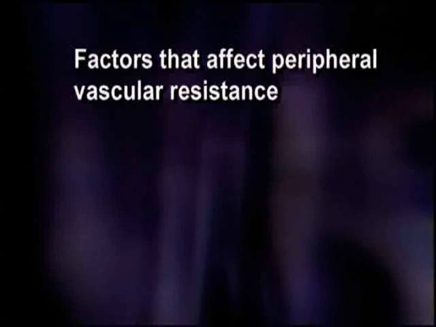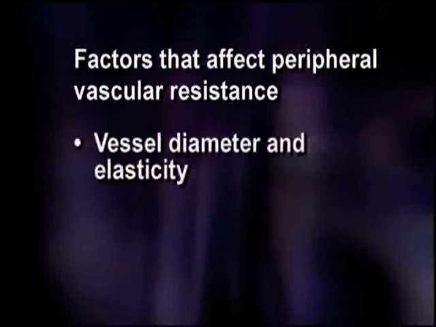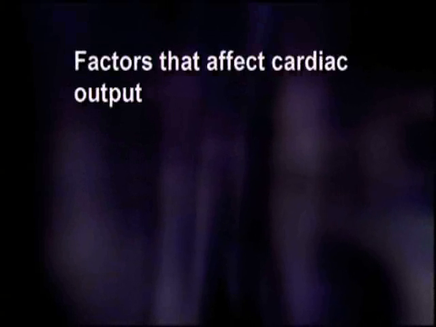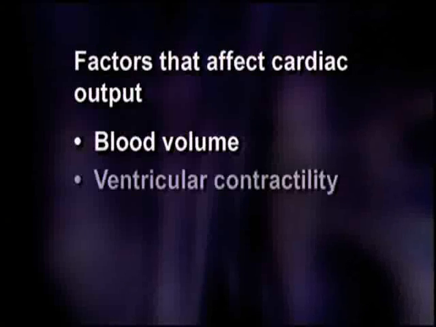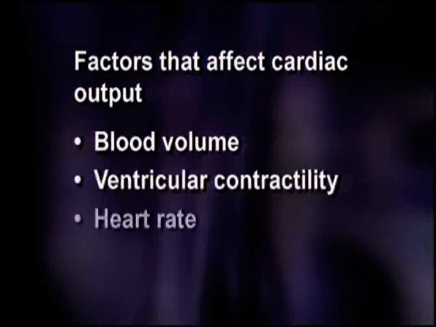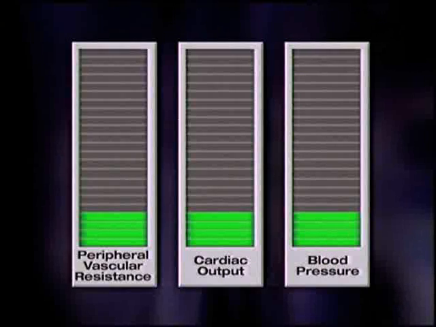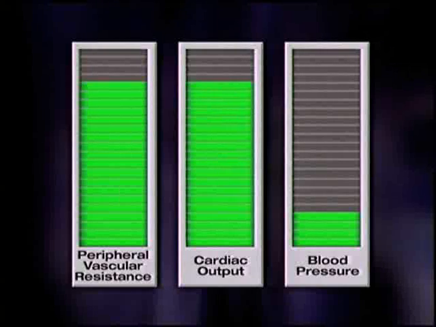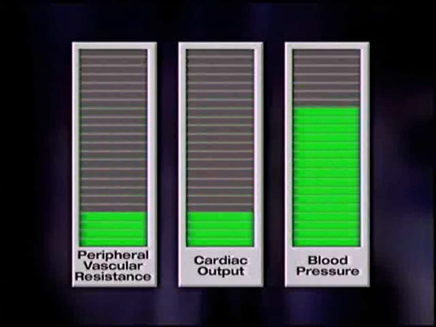For example, peripheral vascular resistance is affected by vessel diameter and elasticity, and blood viscosity. Cardiac output is affected by blood volume, ventricular contractility, and heart rate. Changes in these factors can alter peripheral vascular resistance or cardiac output, which can affect blood pressure.